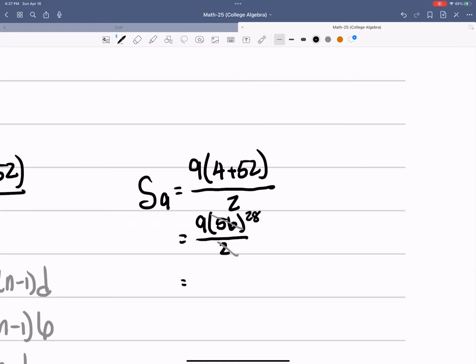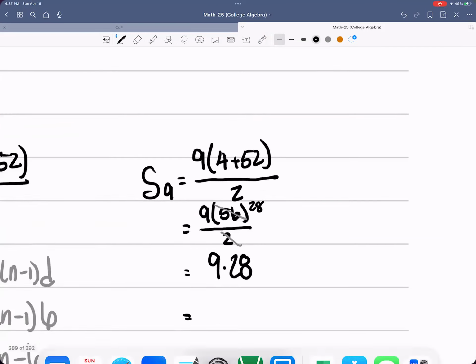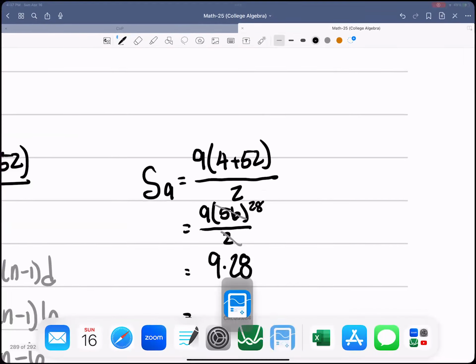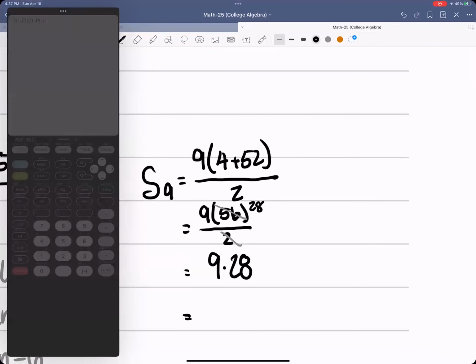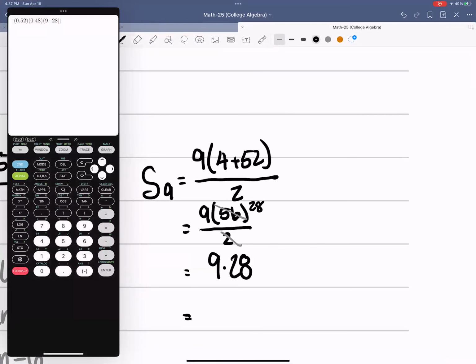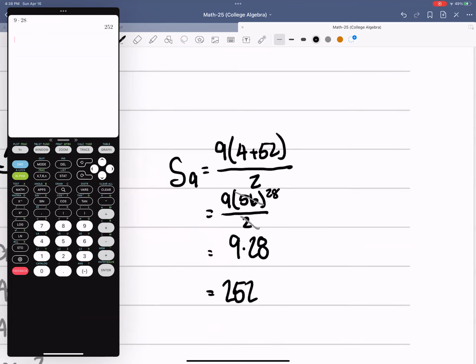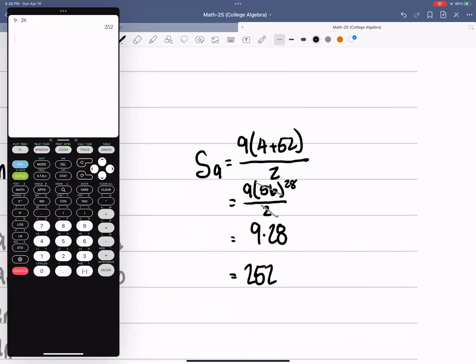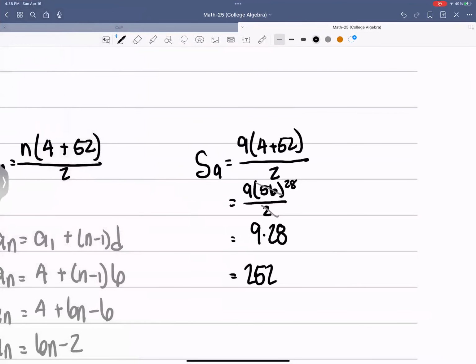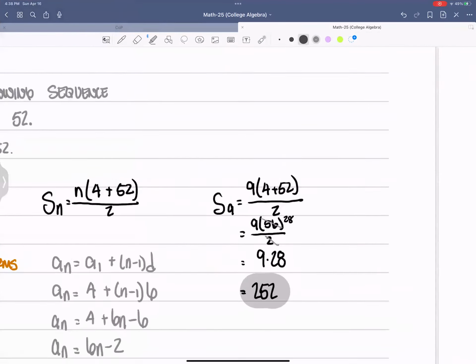So now we just have 9 times 28, and let's see what that gives us. Nine times 28 is 252. So the arithmetic sum for this sequence is 252.